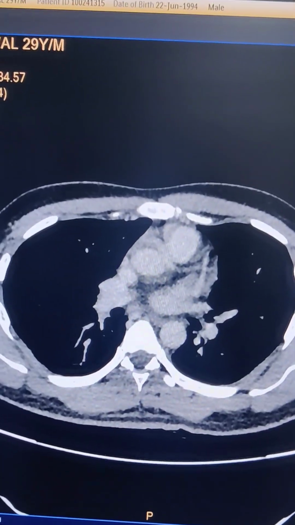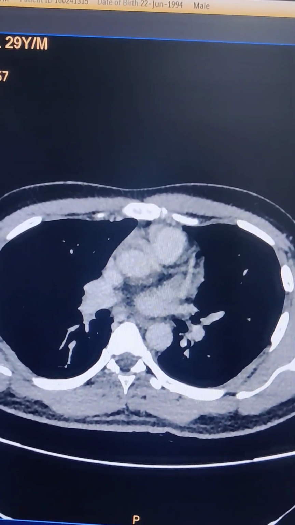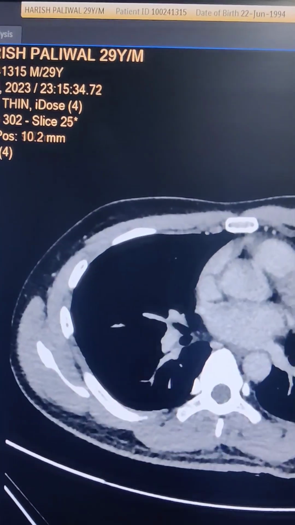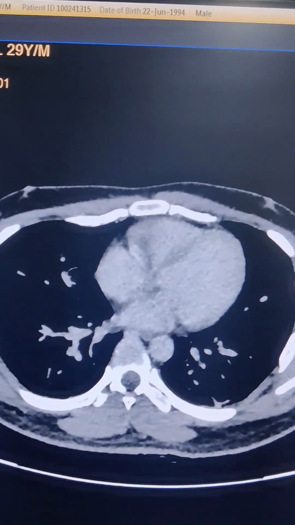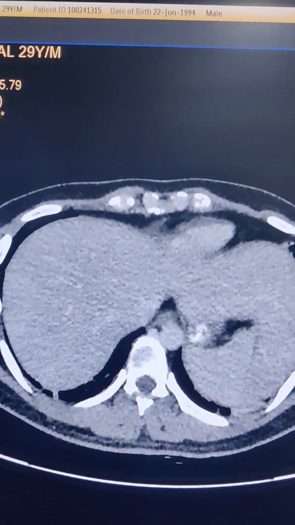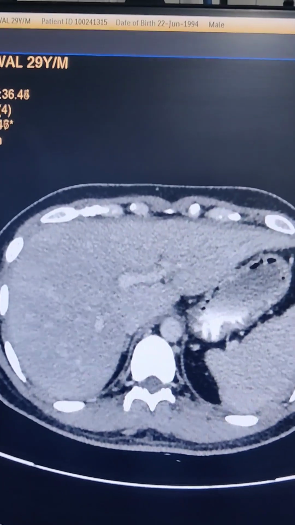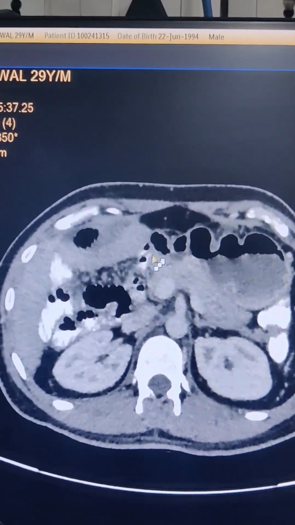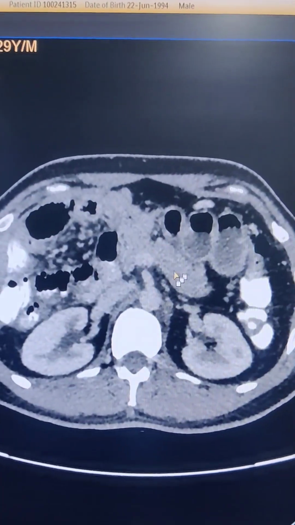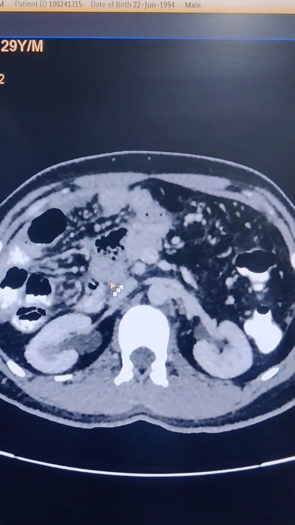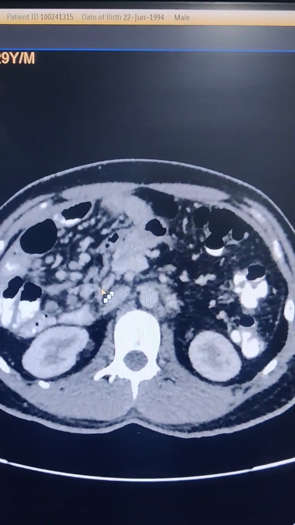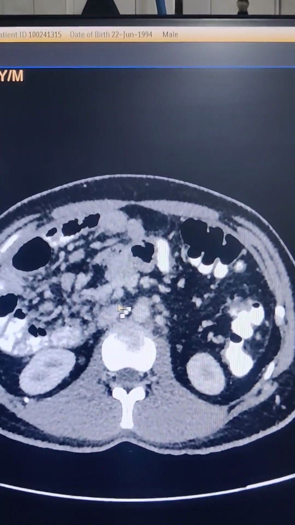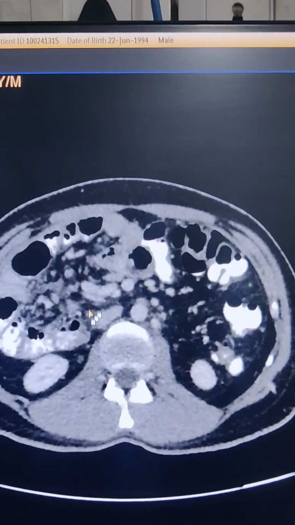First of all, the position of bowel loops. Here we can see the stomach, then the duodenum, and here is the DJ junction, and we don't see any crossover of the DJ junction to the left side.